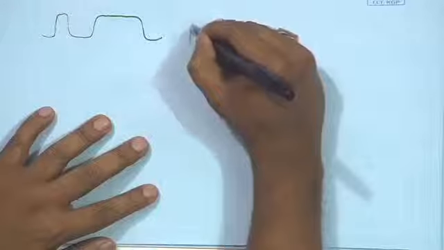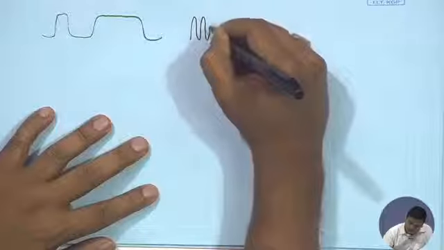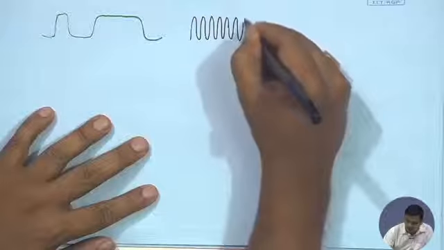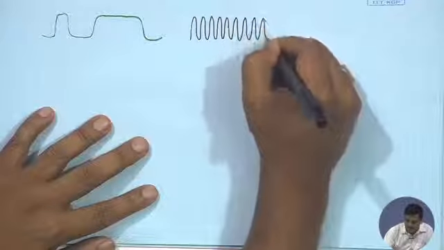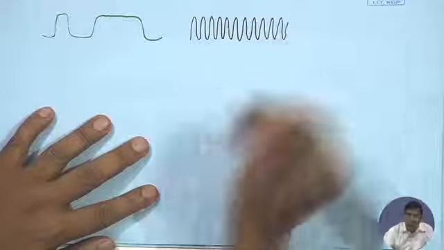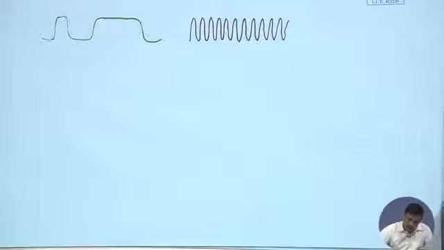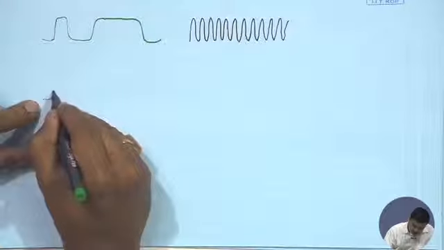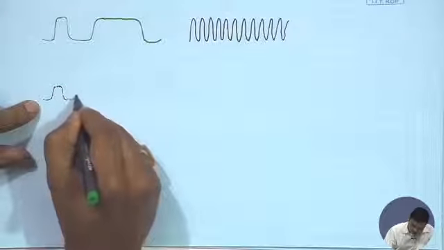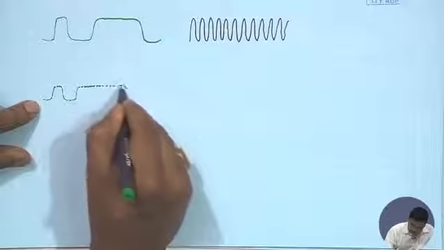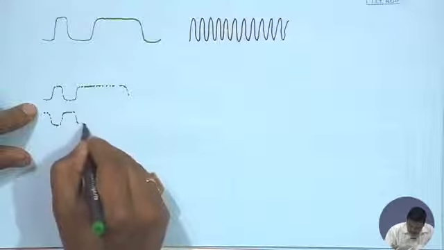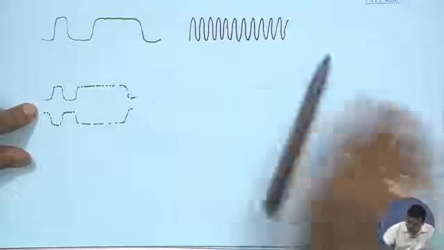Not at all, because if I think of sending it over a carrier which has a representative picture like this, I have generated something which, I need to rescale it. That's it.